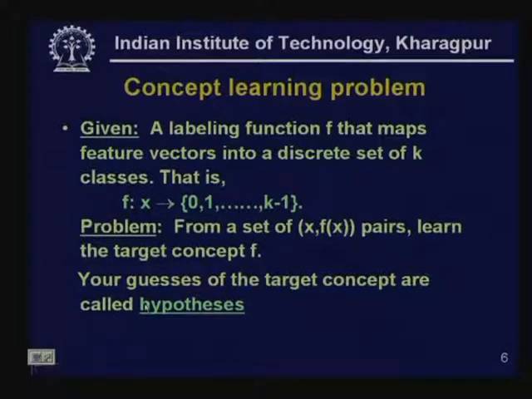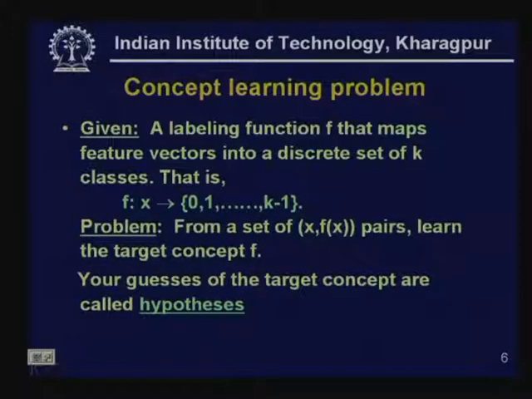Now, our objective is, given a set of training examples, that is a set of instances x, and for each instance its label f(x) which is given to us, we want to learn the target concept f. The function f is not known to us, but we know f applied to the training instances.